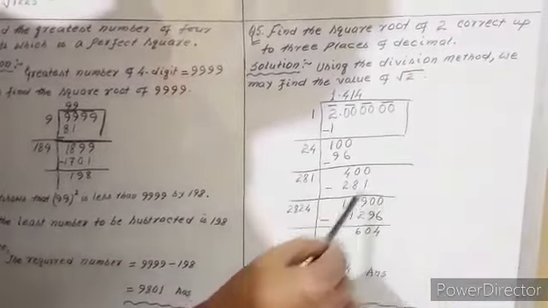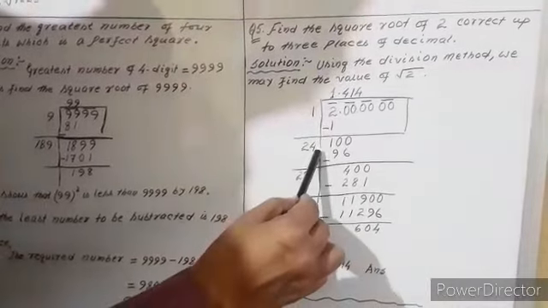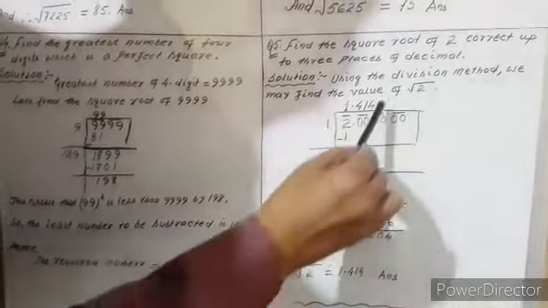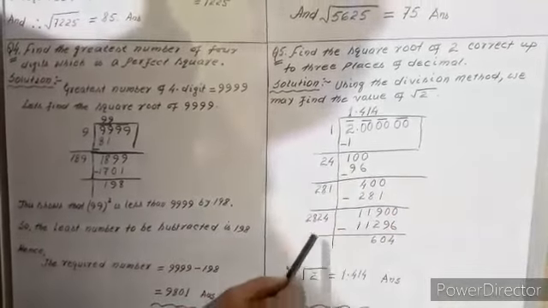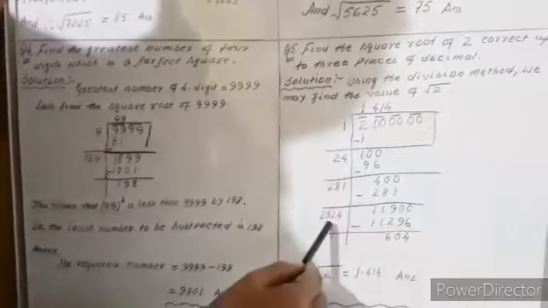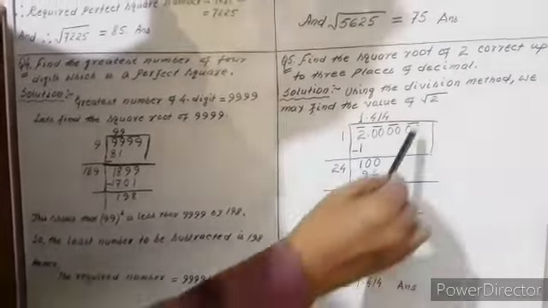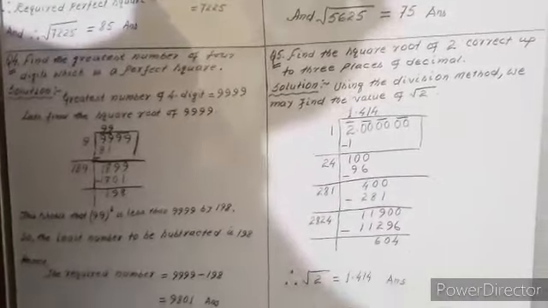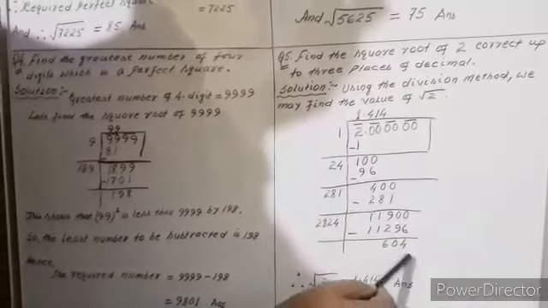After subtracting 400 and this 24, when added with 4, we get 28. It goes 1 time. Here 281. Again 281 is added with 1. It is 282, and 4 times it gives 11296. So here you got 604 as a remainder.